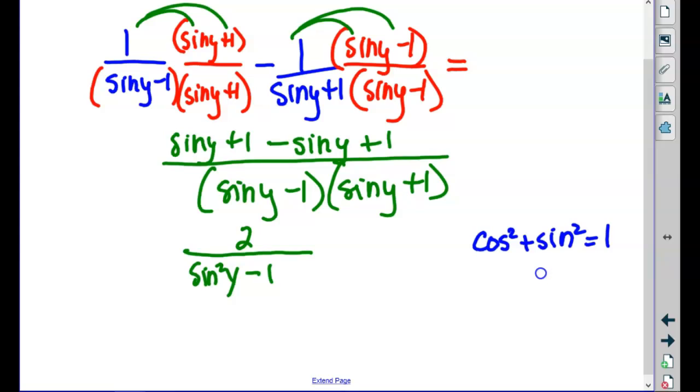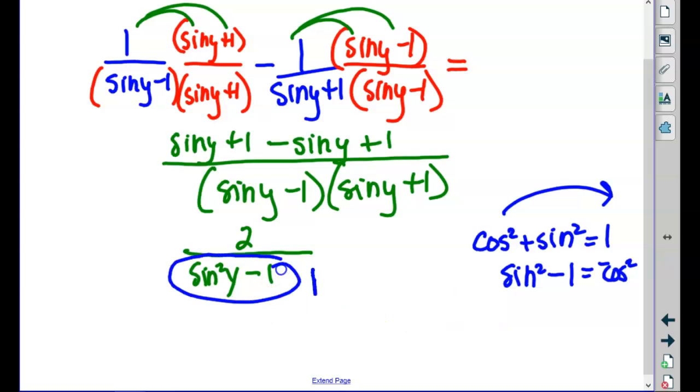If you move the 1 over and then move the cosine over. Okay, if I made this sine squared minus 1 by subtracting it over here, I'd have to subtract that over there and I'd get a negative cosine squared. So this is a Pythagorean identity rearranged. We get a 2 over a negative cosine squared.